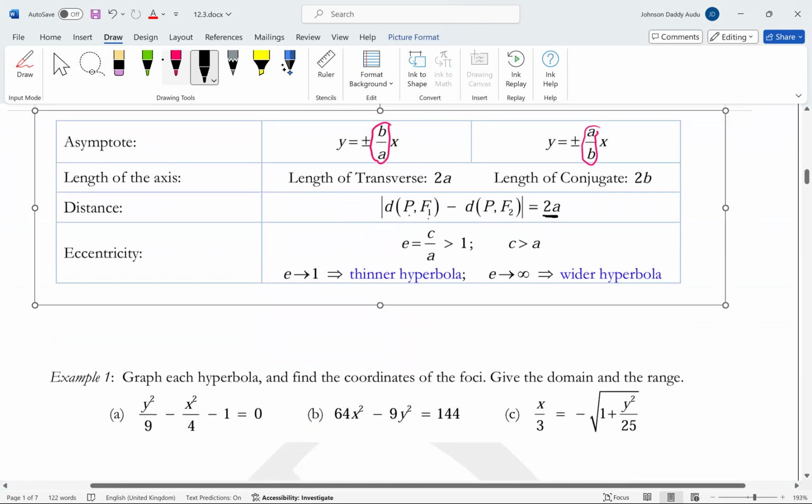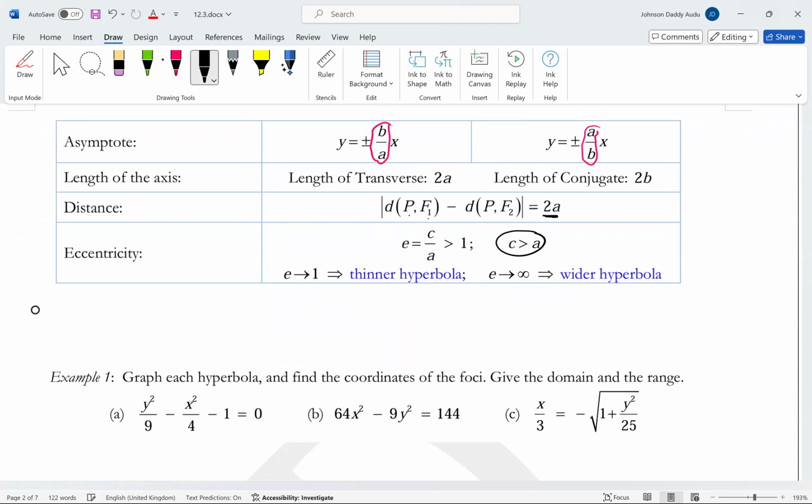Then another thing here is what we call the eccentricity. Eccentricity in this case is defined as c over a, which is greater than 1 because our c is always greater than a. In this case, remember, c squared is a squared plus b squared. So c is always greater than a. Therefore, this ratio c over a is going to be greater than 1. Now, if it is very close to 1, then you're going to have a thin hyperbola.